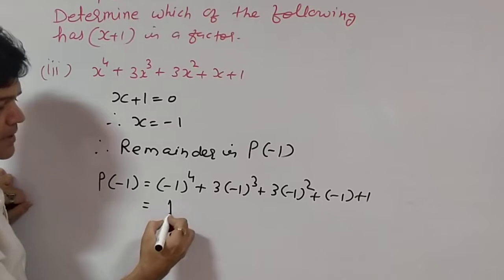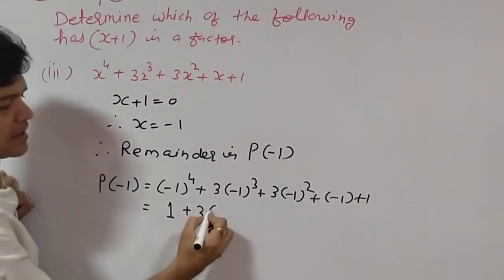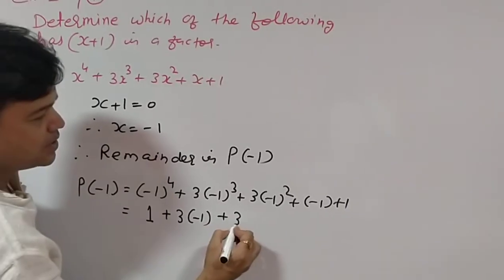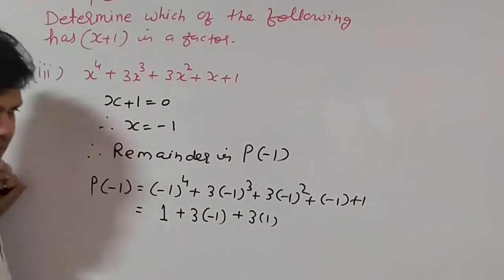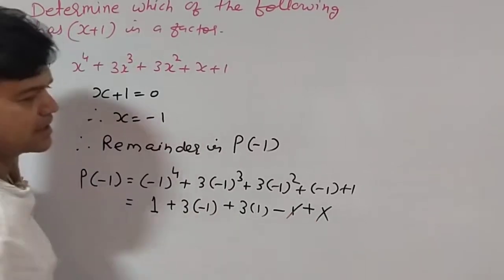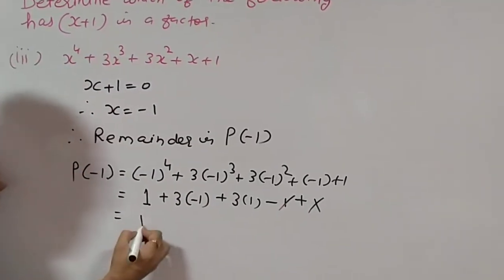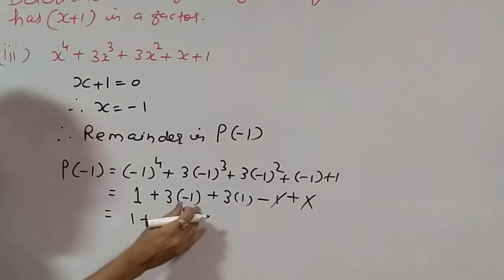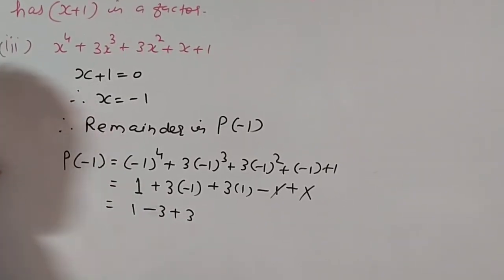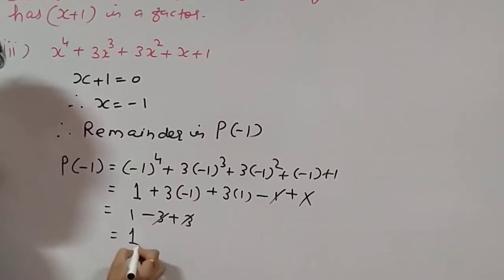Minus 1 raised to 4 is plus 1. 3 into minus 1 cube is minus 3. 3 into plus 1, minus 1 square. Minus 1 plus 1 is cut. Now 1 plus 3 into minus 1 is minus 3 plus 3. Minus 3 plus 3 cut, 1.